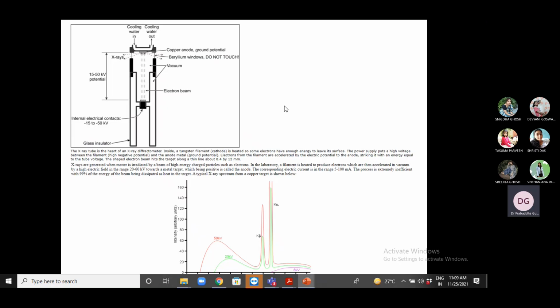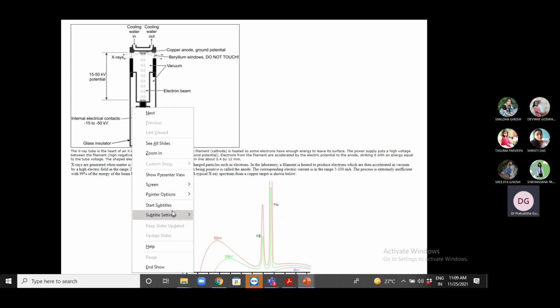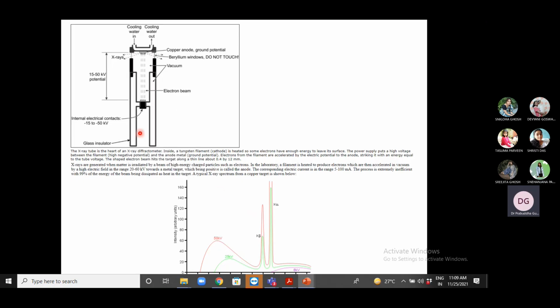So to get the X-ray, what generally we do, we take a vacuum tube, as we see over here, and in the vacuum tube there is a cathode. I remember cathode as the place where cation goes, which is highly negatively charged, and one anode.